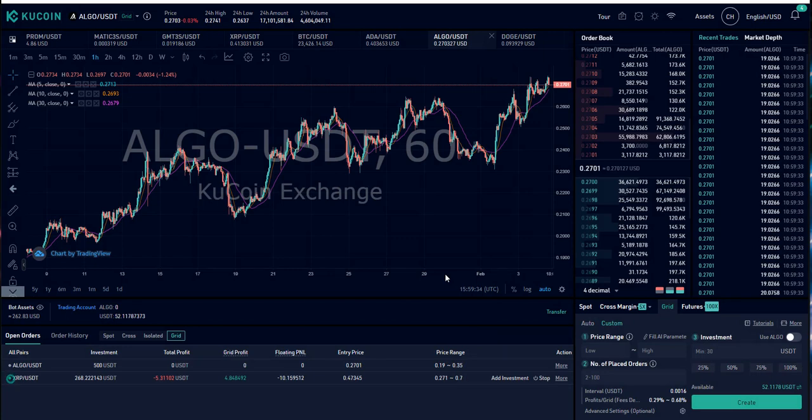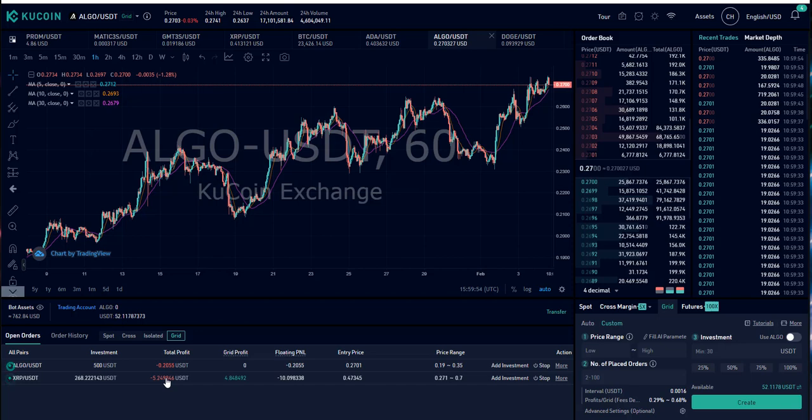Now, here's a tip based on experience, not financial advice, of course, right? If you're in the red, like right now, I'm like, man, I'm tired of running this bot. It's in the red. You can stop it.